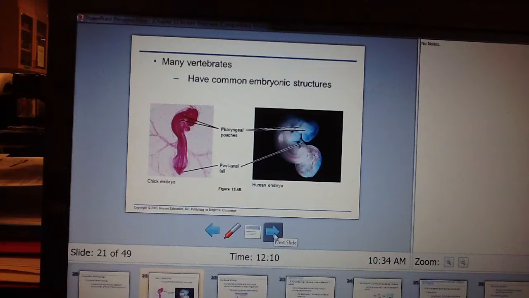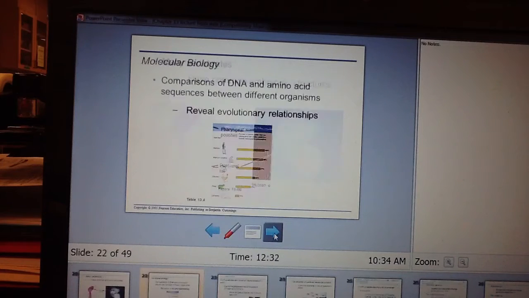And we both have this postanal tail, which is your tail bone. We used to have tails, and our tail has gotten smaller over time, but how do we know we used to have a tail? Because we develop a tail bone. We also had gill slits. Why would we have gill slits? Because we used to be related to ancestors that had gills or could breathe underwater.